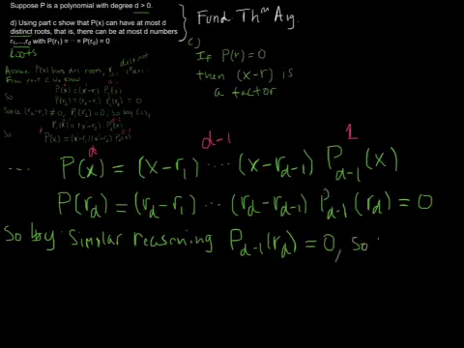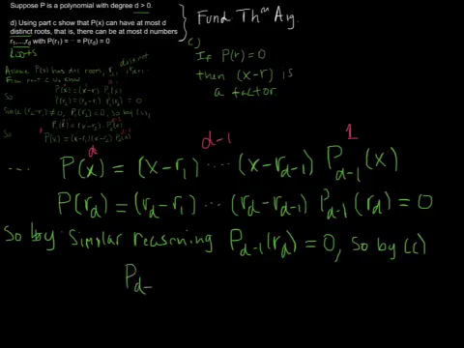So, by part C, apply part C again. If we plug r sub d into my polynomial p sub d minus 1, we get 0, and that means that r sub d must be a root of p sub d minus 1. And there's a lot to keep track of.